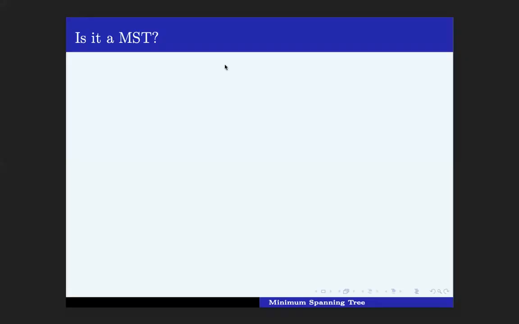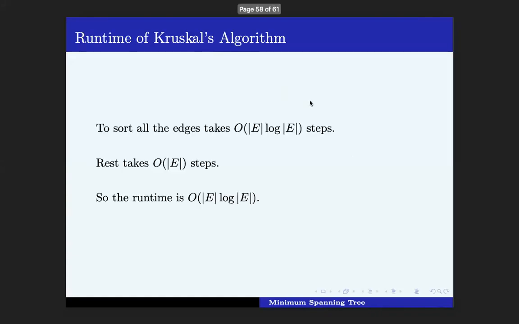So now let me complete this. What is the time taken? To sort the edges takes order E log E steps, and the rest will take order E steps. This is a part that I have not yet completely given you the right idea, so you guys try to go and fix it.